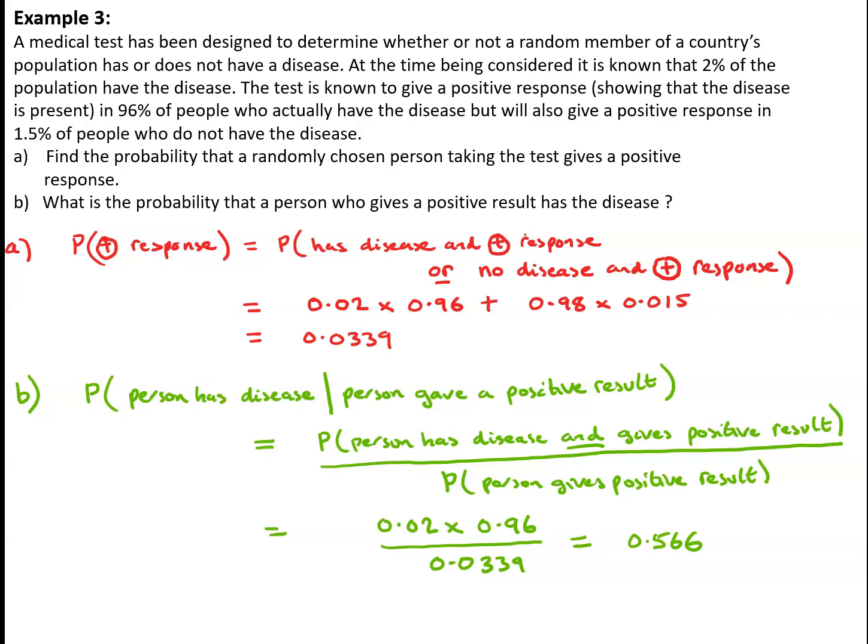In other words, roughly 57% of the people who give a positive result have actually got the disease, and 43% of the people who give a positive result will actually have given a false positive.